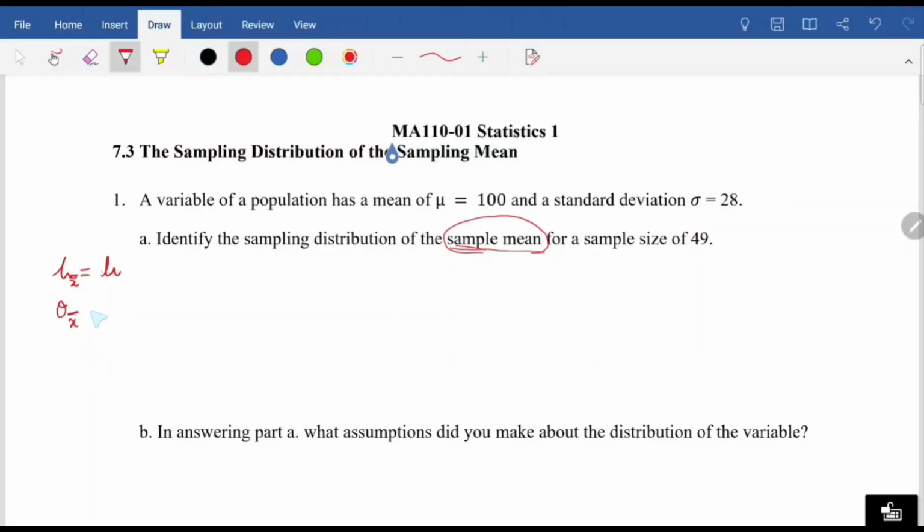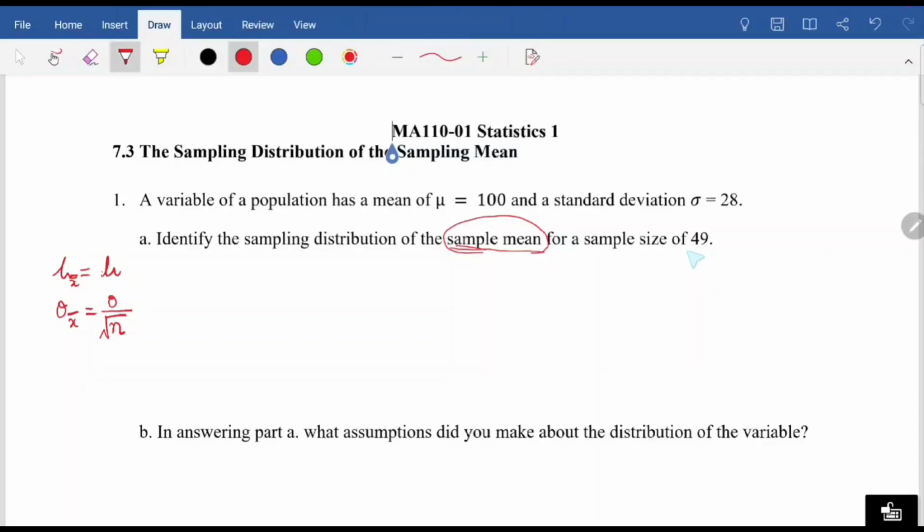So it's inversely proportional to the sample size. The formula for the standard deviation of all sample means is sigma, the population standard deviation, divided by the square root of the sample size n. So using these formulas, we are going to find the mean of all the sample means and the standard deviation, and then go on to stating the normal distribution.